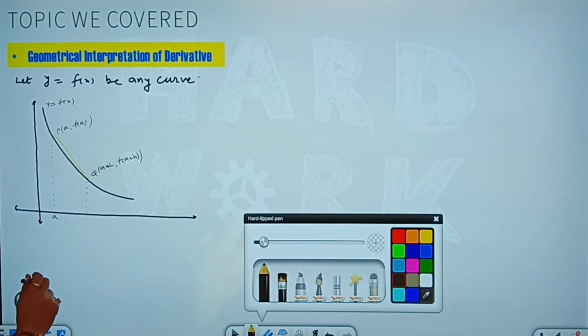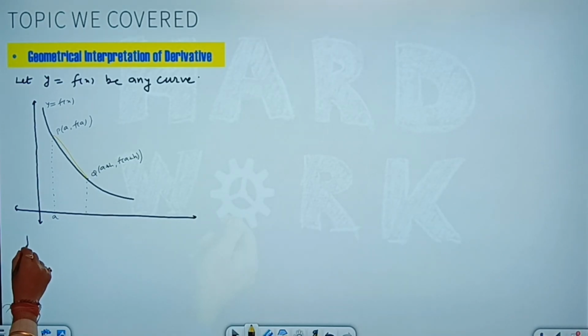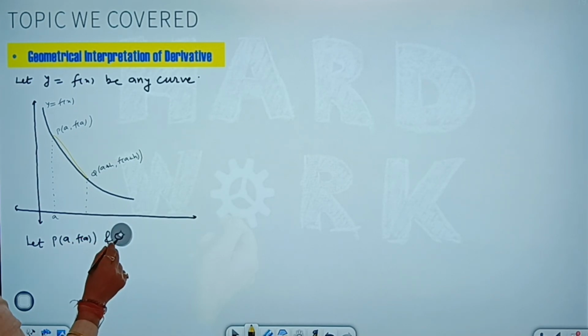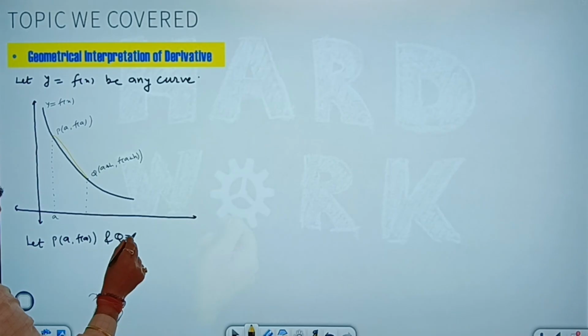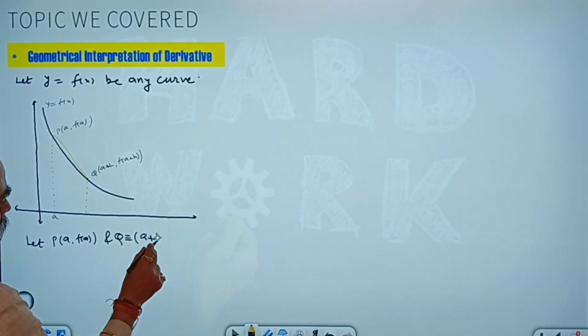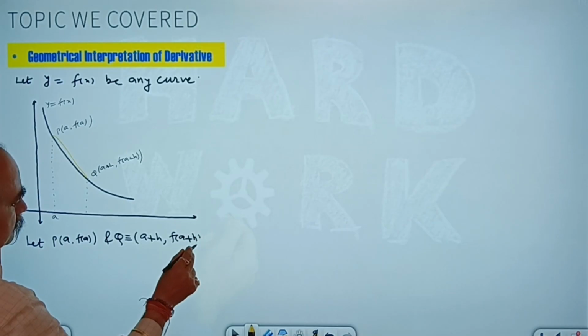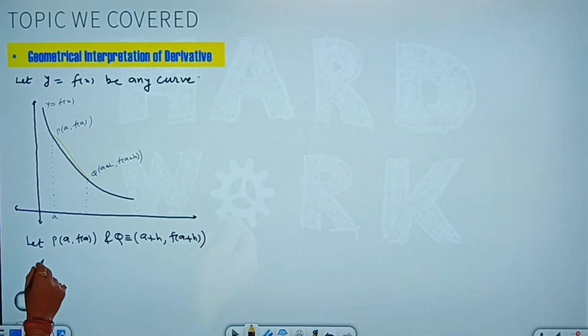So PQ is a chord. Let y is equal to f(x) be any curve. Let P be (a, f(a)) and Q be (a plus h, f(a plus h)), two points on this curve.